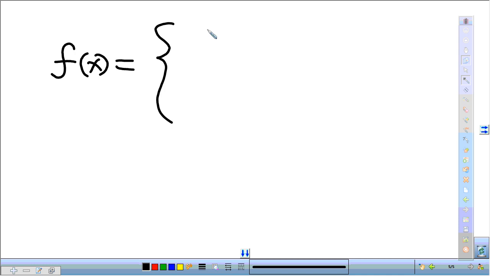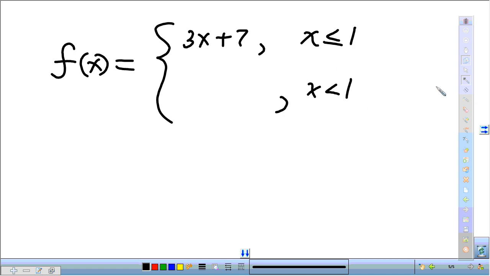Now, we have a nice way to piecewise define a function. So we set up in a brace the cases. So we might have a nice straight line, y equals 3x plus 7, but we define that only on one part of the line, so only on a particular interval, in this case x less than or equal to 1, and then we continue and may have many intervals making up the line.